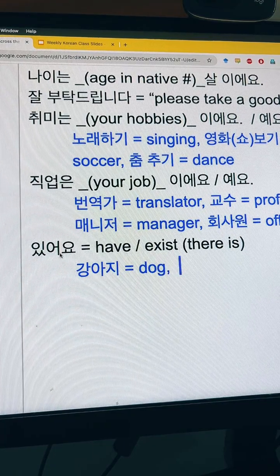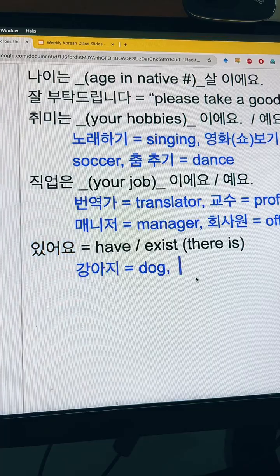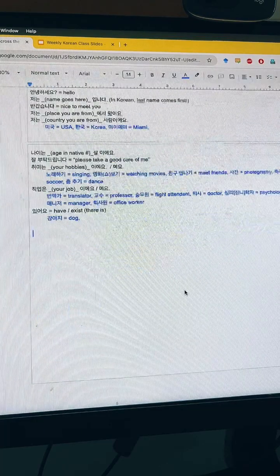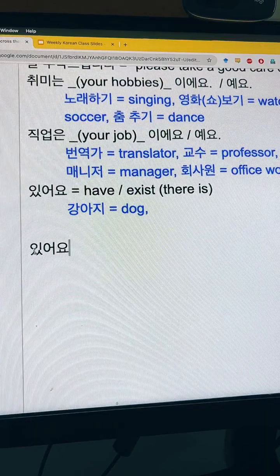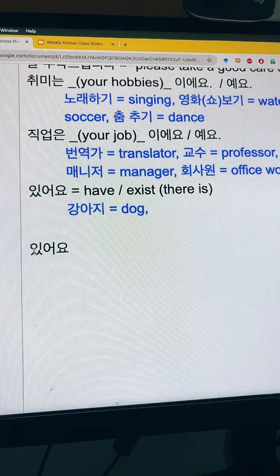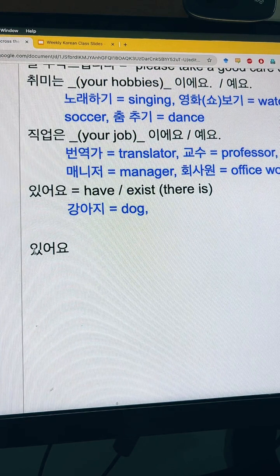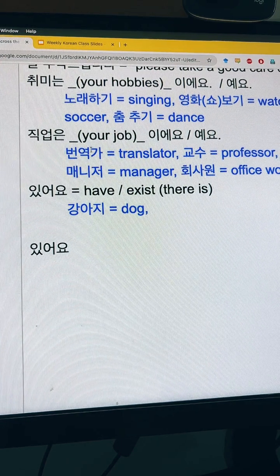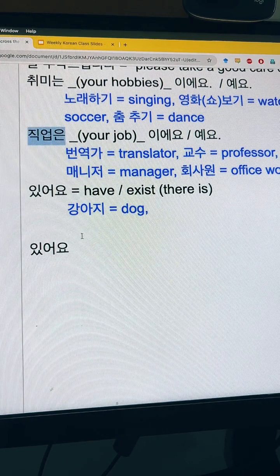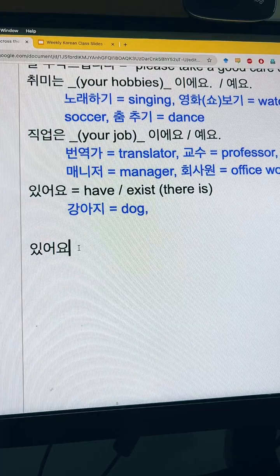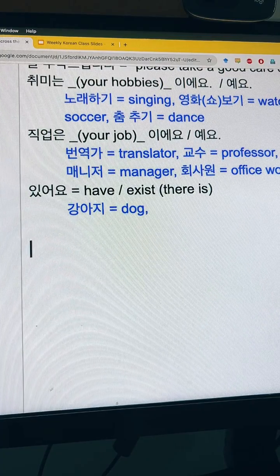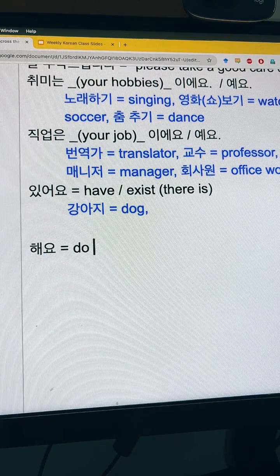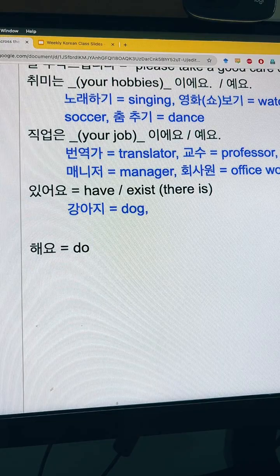Okay, you can also say what you do other than, yeah, I got what you were trying to say, Korbuni. Instead of saying like my job is, maybe you just want to say, oh, I do taekwondo or something, right? 해요. So 해요 would be a verb that's useful. 해요. Do. So taekwondo 해요.